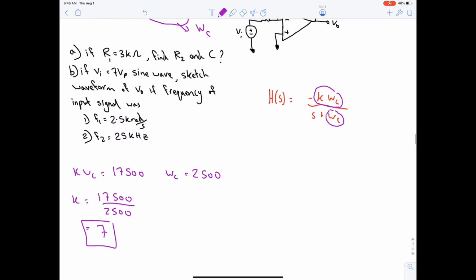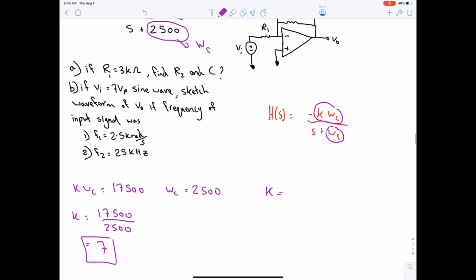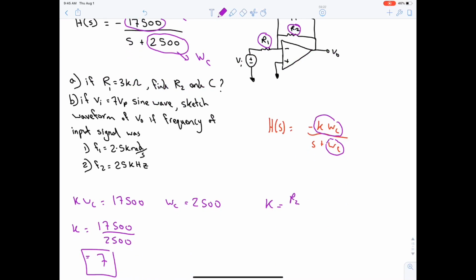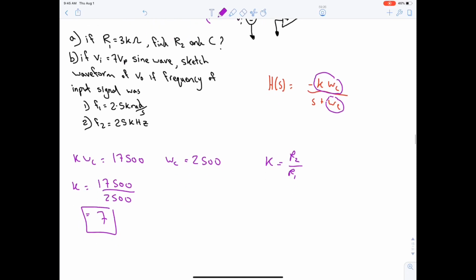After finding gain, we know that K is equal to the top resistance divided by the bottom resistance, so it will be R2 over R1. Here K is 7, R2 is unknown, R1 is 3K from the question, so R2 is 21 kilo ohm.